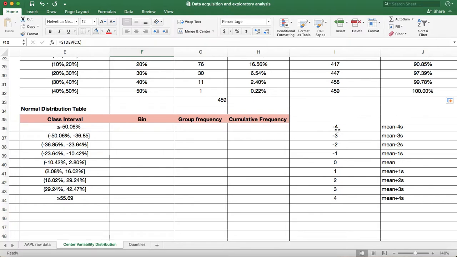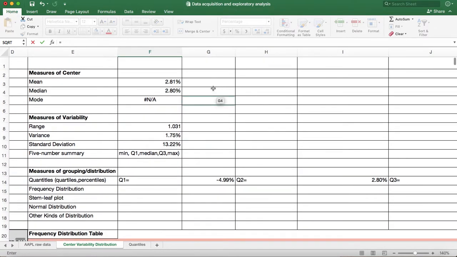In order to quickly build the bin, I type the number here. So this is the mean. The mean is, go to this one.